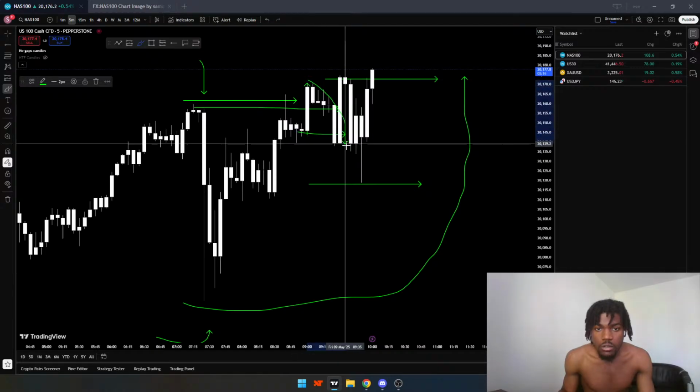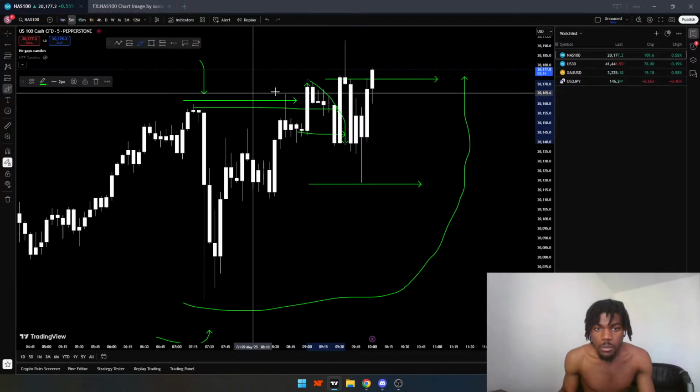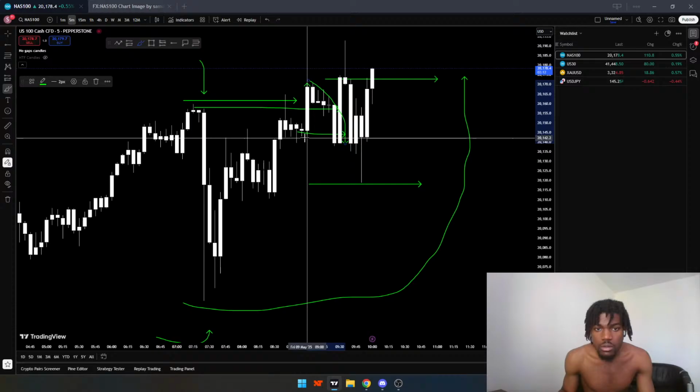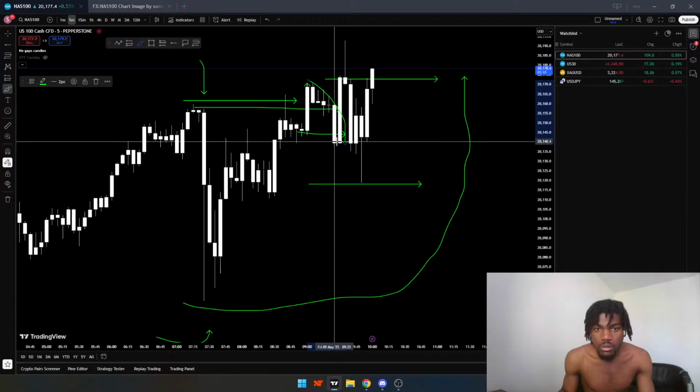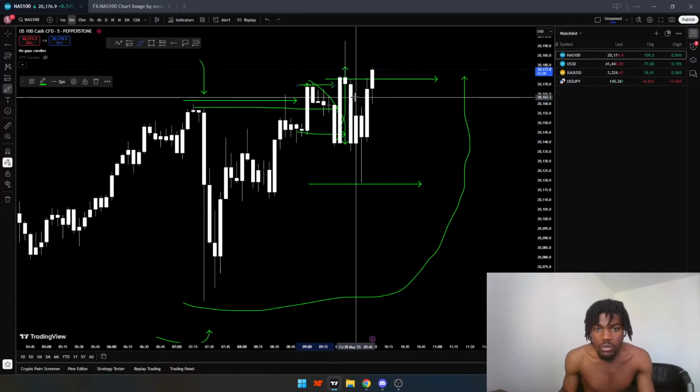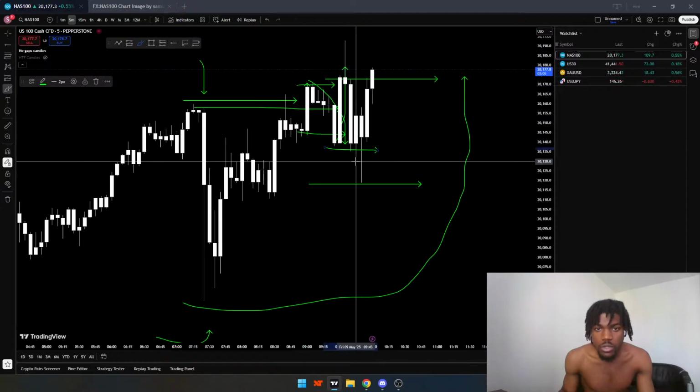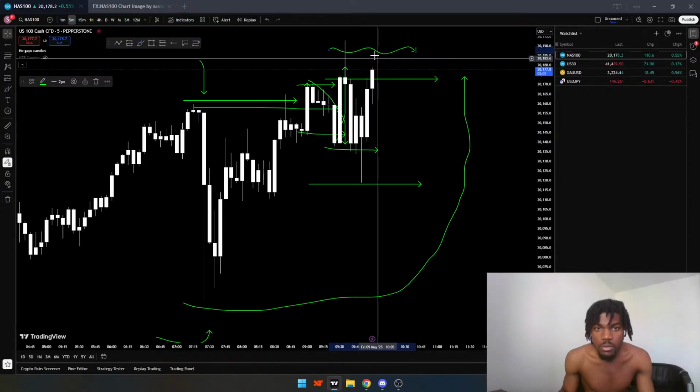What do we see? We move back into that previous range, continuation out. We failed to close below this low, so this high, whatever is up here, is weak.